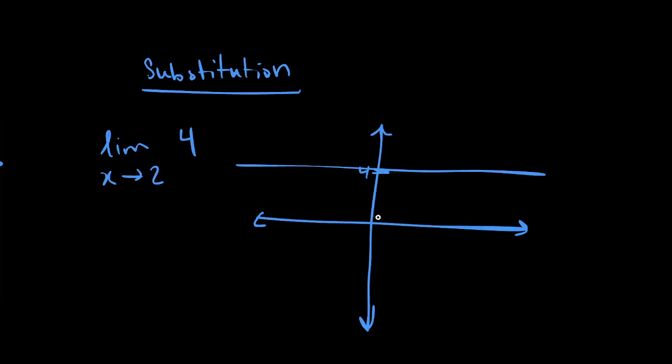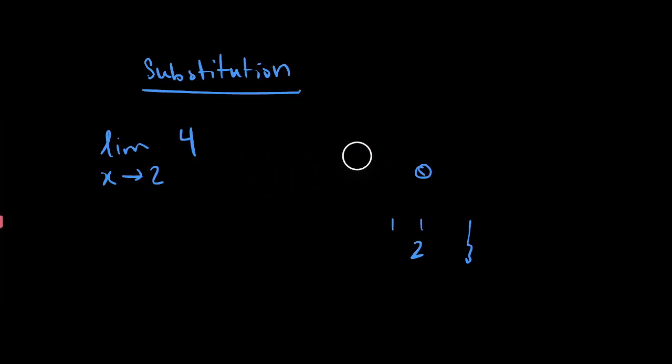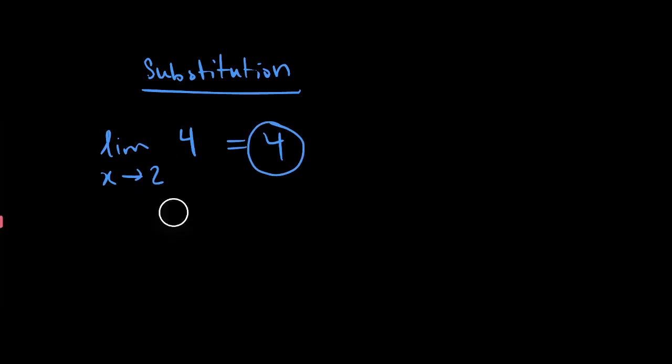And so if we're approaching the value of 2 or 3 or any other number, we're going to see that the y value is going to remain 4 at all times. And so if we wanted to find the limit of this function by direct substitution or any other means, it's simply just going to be equal to 4. So it's very, very simple if you're just given a function like this.